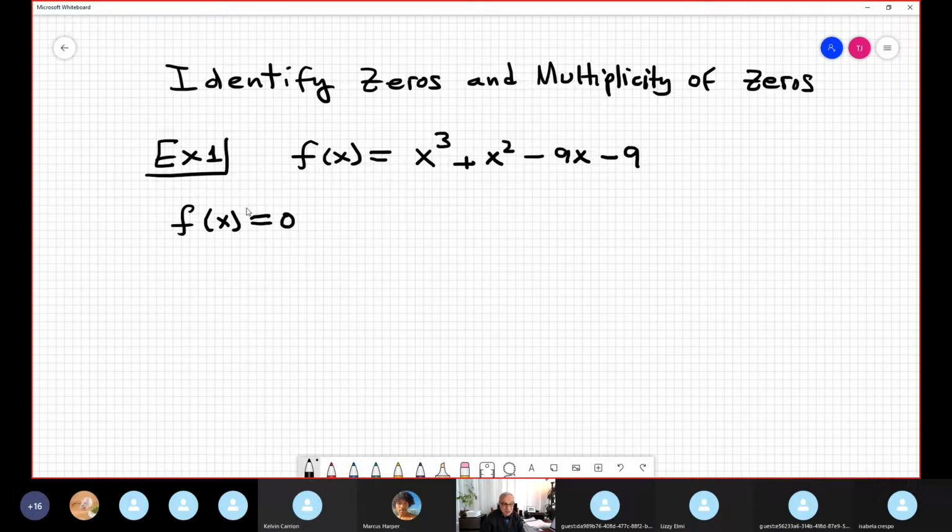Basically, you need to find, when you're talking about 0, 0 is the x-intercept. So it's the point where the polynomial function crosses the x-axis. And when you find the x-intercept, it's a 0, the real 0.